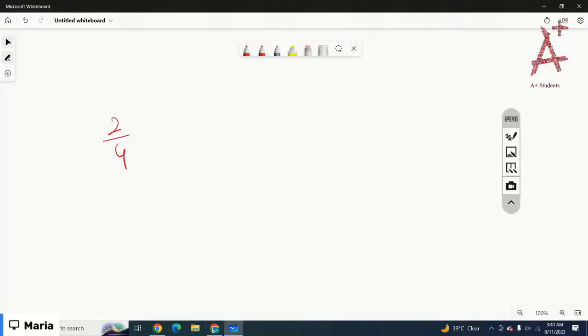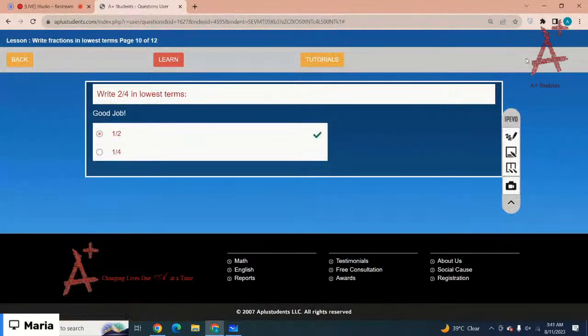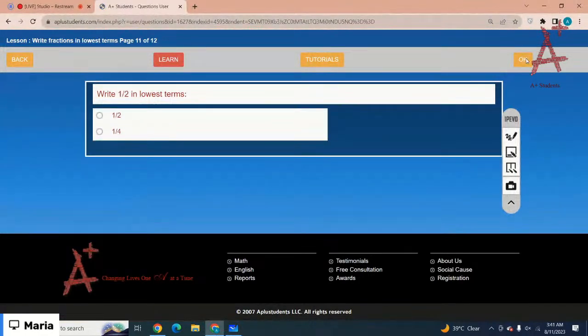Yes, you can divide them by 2, right? So 2 times 1 is 2 and 2 times 2 is 4. So it is 1 over 2. The correct option is, the lowest form is 1 over 2. Write 1 by 2 in the lowest term.